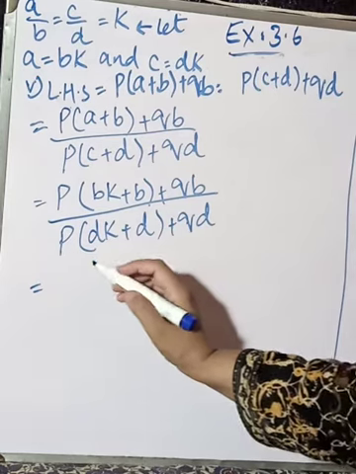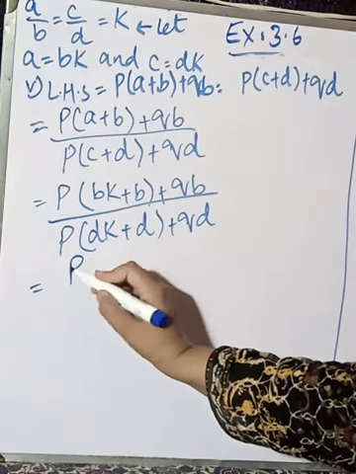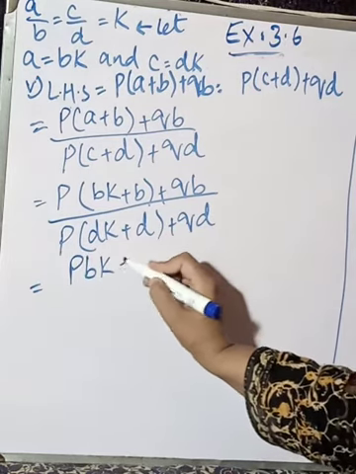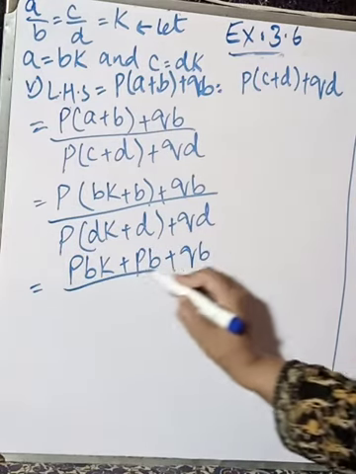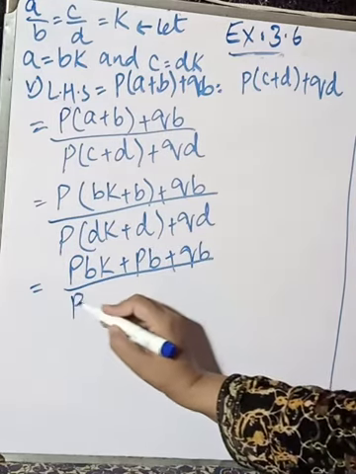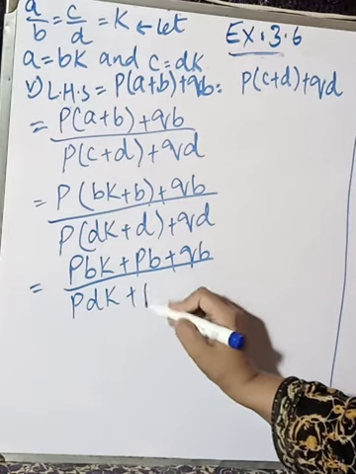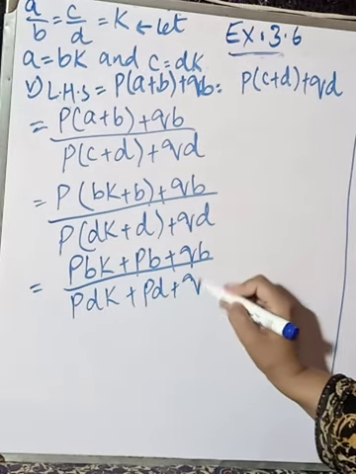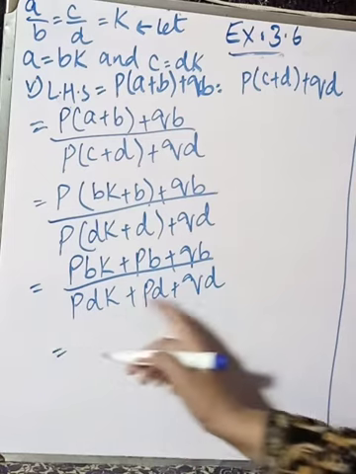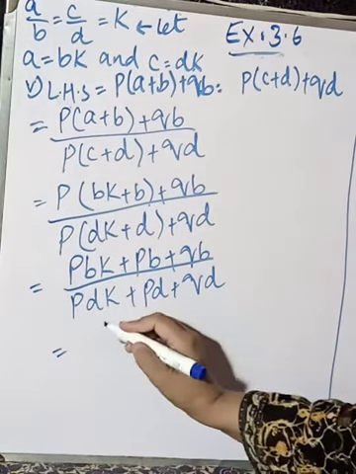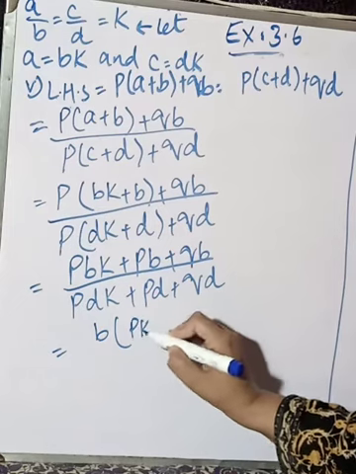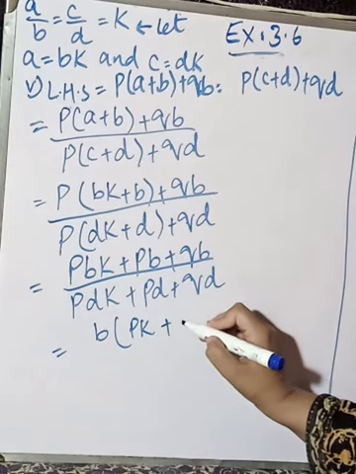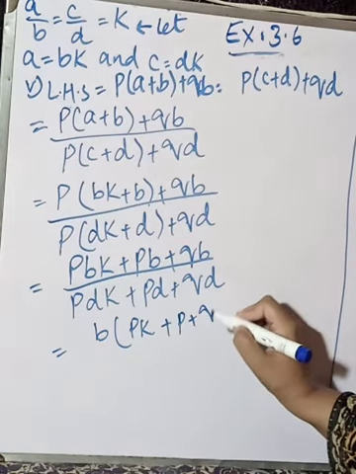So when I'll multiply it तो मेरे पास आ जाएगा p b k plus p b plus q b divided by p d k plus p d plus q d. Okay, from the numerator I'll take p common. Inside I am left as pk plus p plus q.